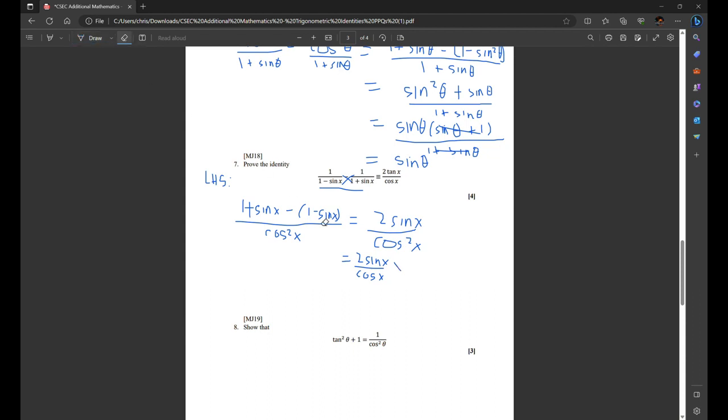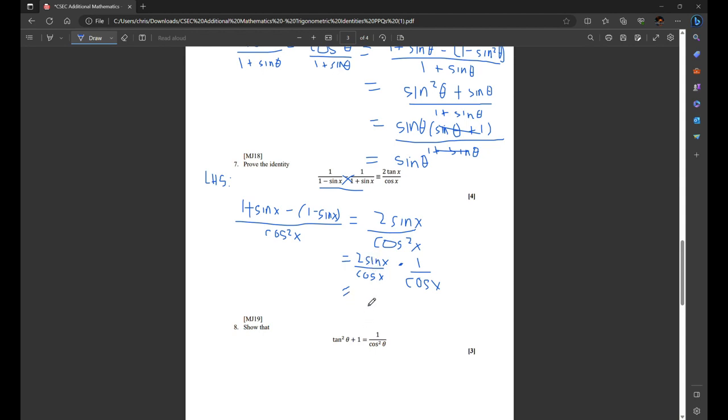Let me not use the x for multiplication just to not confuse anybody; I'm going to use a dot, which represents multiplication. Since cos x times cos x is cos squared x, what we've done is split up the cos squared x on the bottom into cos x times cos x, and I've put the sine x on one of the cos x's. That allows us to rewrite this as a tan.